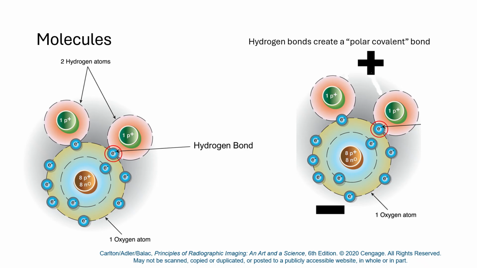So we get this special property or behavior of water, that it is a polar molecule. Even though it's not ionically bonded, it does have a positive side to it in between the two hydrogens and a negative side to it over on the oxygen end. Okay, and that does explain some of its behavior.